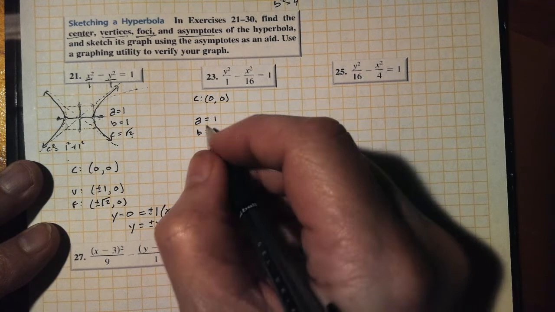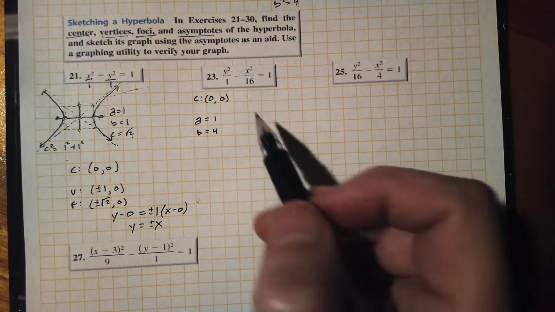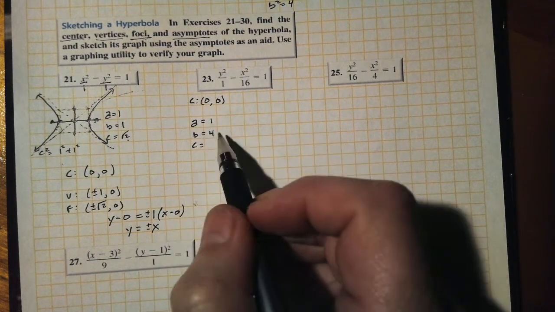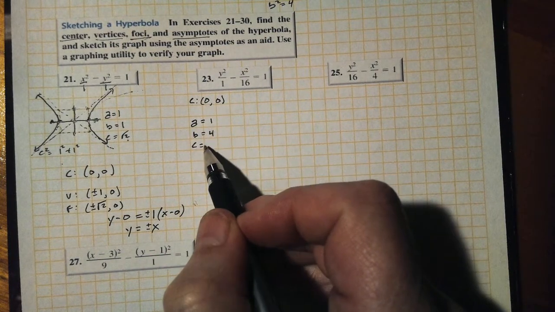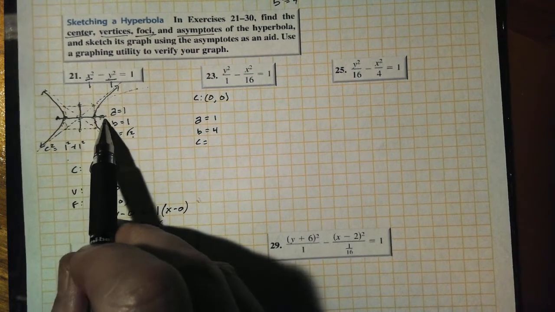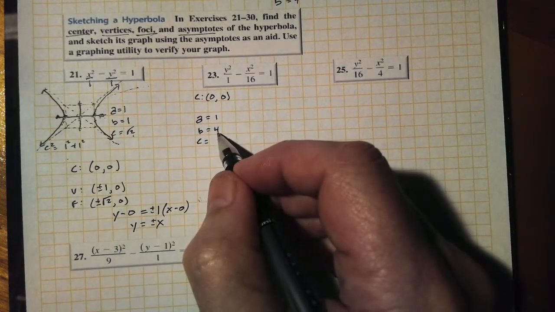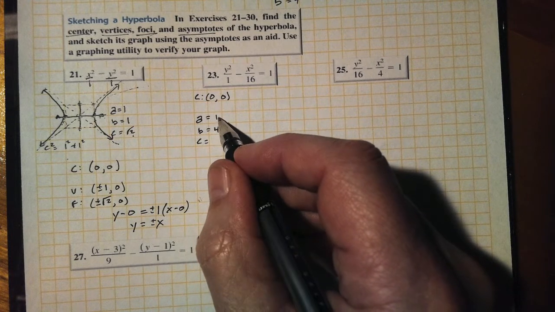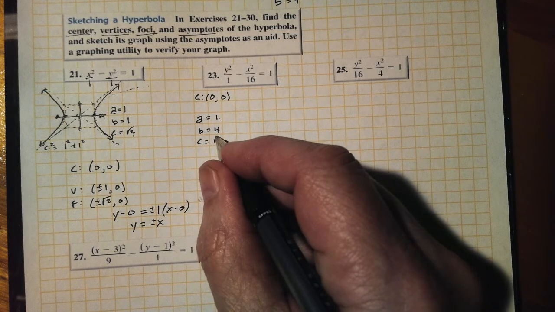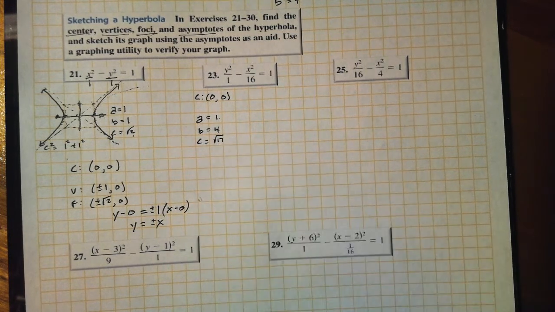B is 4, square root of 16. C is, let's see, c squared, c's the biggest. Remember, c's the furthest away from the center. Foci is 16 plus 1, a squared plus b squared, 1 plus 16, 17. C is square root of 17.